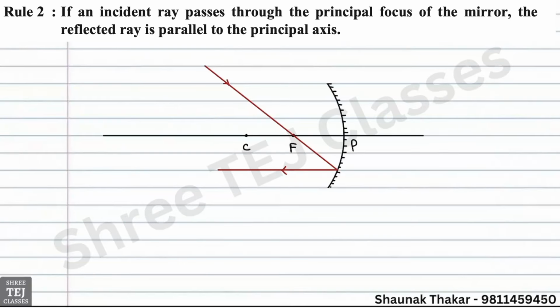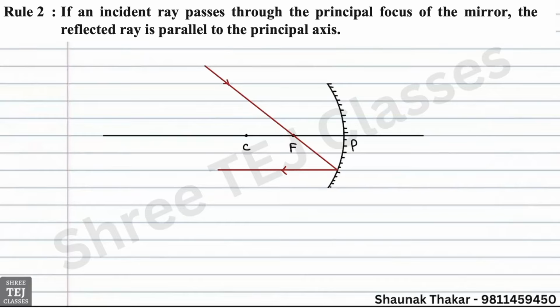Rule 2. If an incident ray passes through the principal focus of the mirror, so our incident ray is passing through the principal focus, the reflected ray is parallel to the principal axis. See, this is exactly the opposite of the first rule. In the first rule, the incident ray was parallel to the principal axis, but the reflected ray was passing through the principal focus.